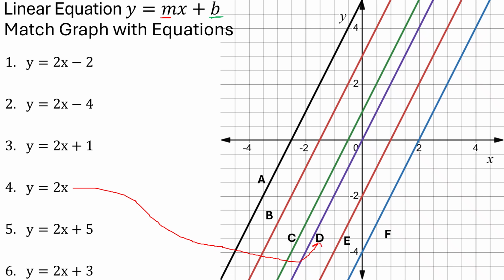And so now we can just look at the y-intercepts of all of these and connect them to the b value that we see in these equations. So line F right here, we see a y-intercept of -4. So that will be associated with equation 2.